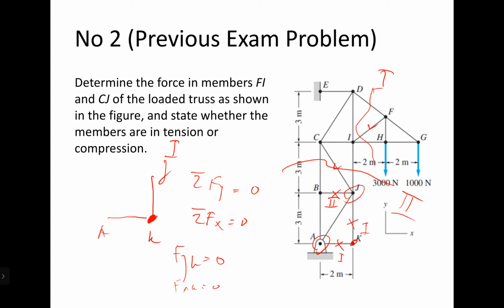It's not the other way around. Once it is determined as a zero force member based on one particular joint, then it's zero force. I see, sir. Okay, thank you, sir.